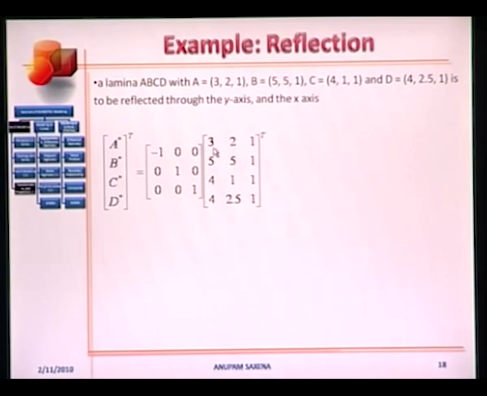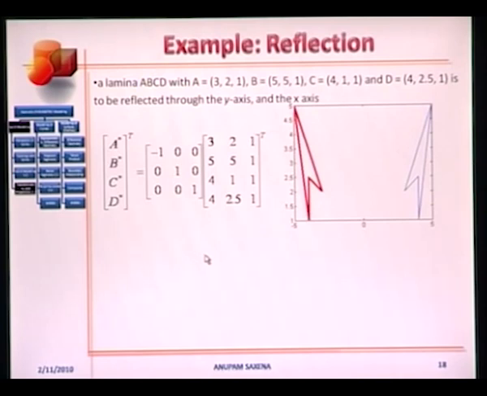This is as if I'm stacking the homogenized coordinates of A, B, C, D column-wise and constructing a matrix and then pre-multiplying this matrix by a reflection matrix. Reflection about the y-axis.